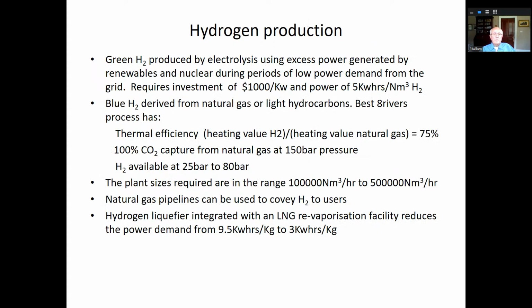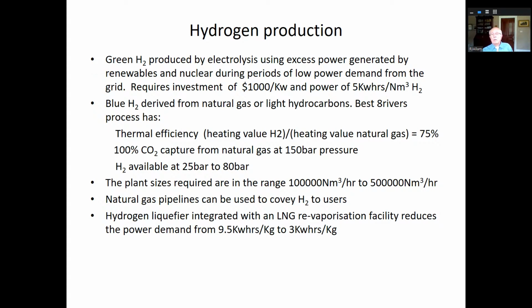Next slide. So green hydrogen is produced by electrolysis using excess power generated by renewables and nuclear during periods of low power demand from the grid. That's the concept. But I think people have to realize that it requires a very heavy investment, about $1,000 per kilowatt of power. And that's a projected cost. Current costs are higher than that.